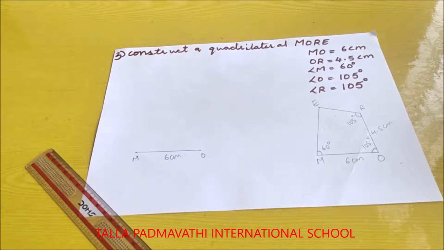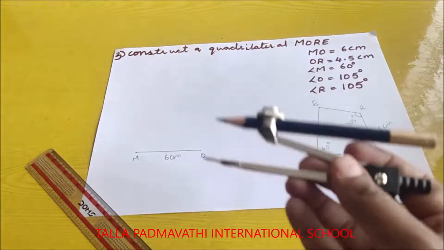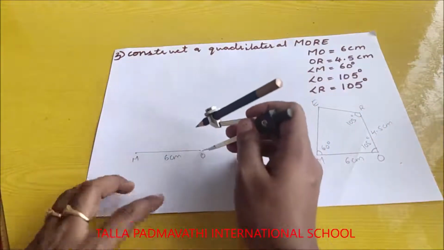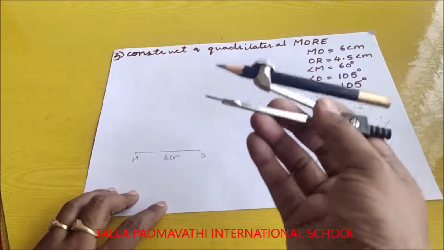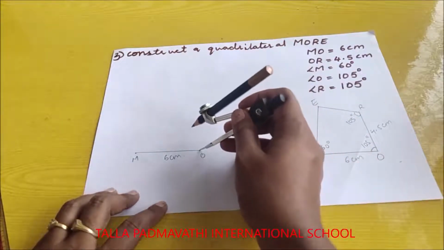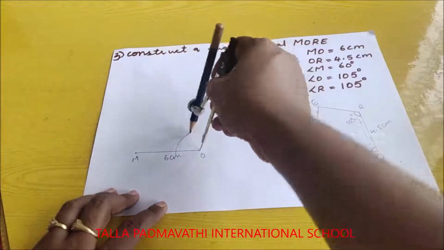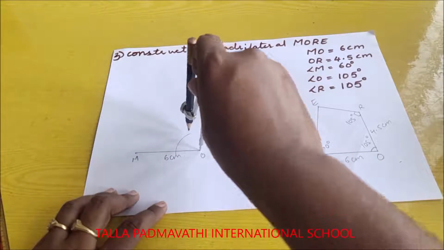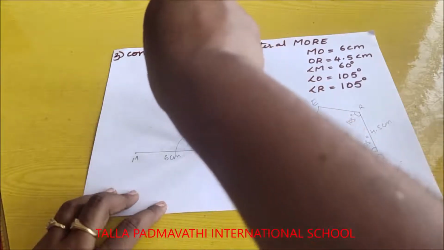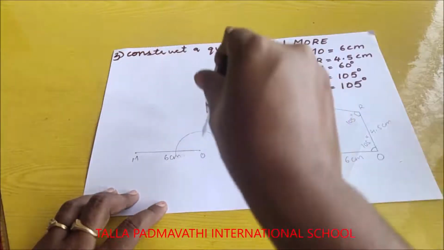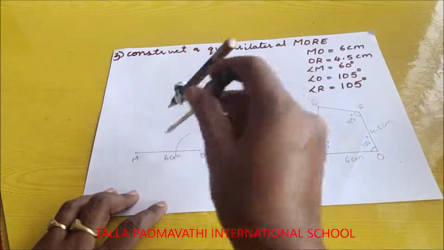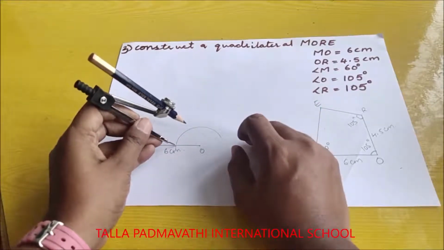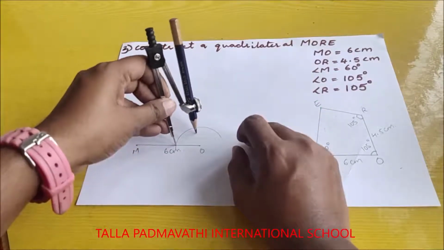Children, we can draw 105 degrees with the compass without using the protractor. So how can we draw? As you already know, with any radius with O as center, just draw a semicircle. Draw a semicircle, and with the same radius with this point, you draw one more arc.